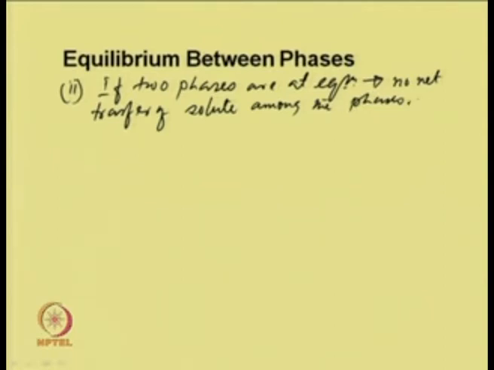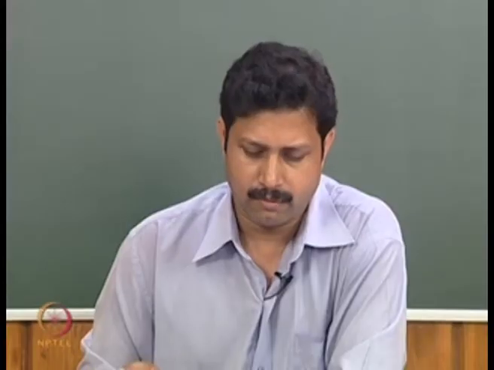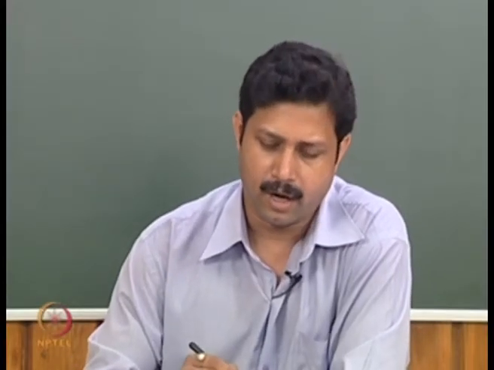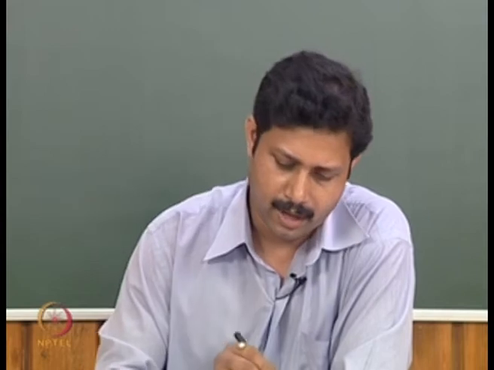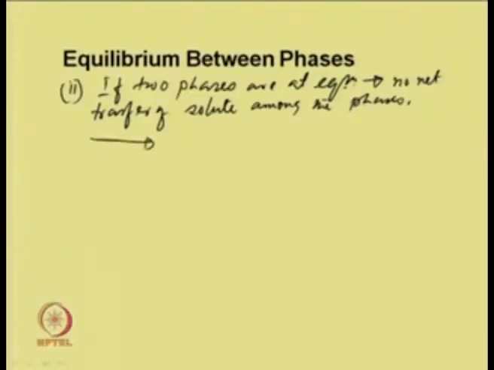This does not mean that there is no transfer of solute among the phases, but the solute moved from one phase to the other phase at the same rate, and we say that dynamic equilibrium is reached.